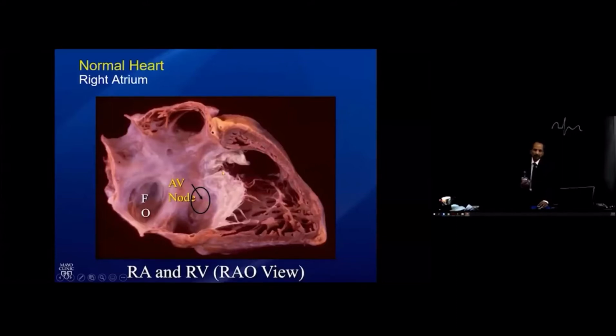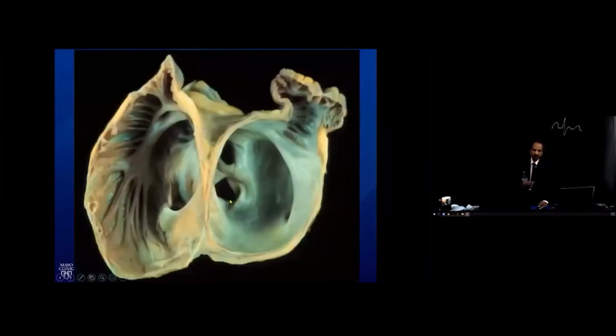And then we use fluoroscopic or electrical landmarks to identify these structures and say this is where we would like to avoid damage while ablating. Another useful way to think about this region is in the LAO projection.